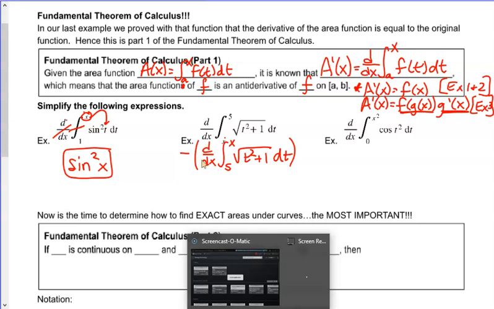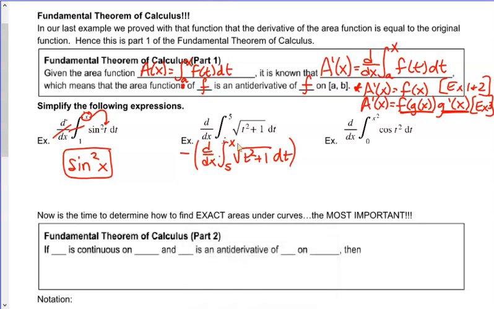So again, here's a derivative that's going to cancel out this integration. I need to take this x and plug it into my f function, and my answer is going to be x squared plus 1 under that square root for this piece, but I can't forget about that negative. So my final answer will be this.